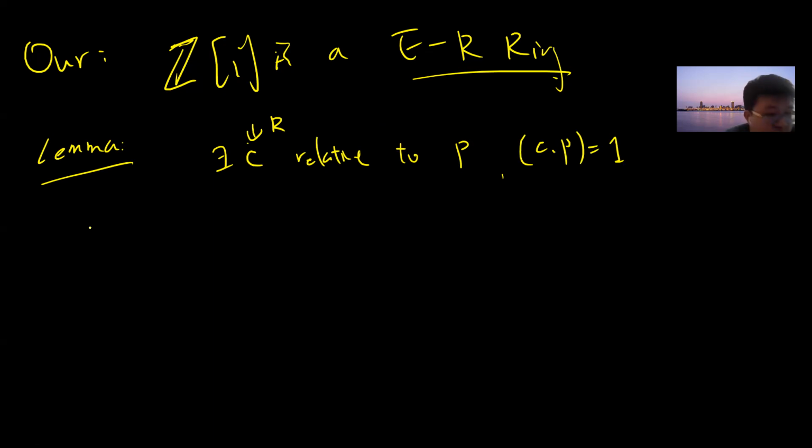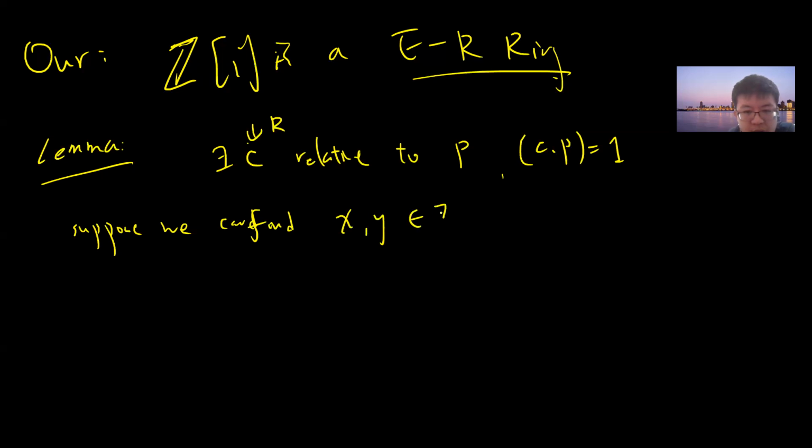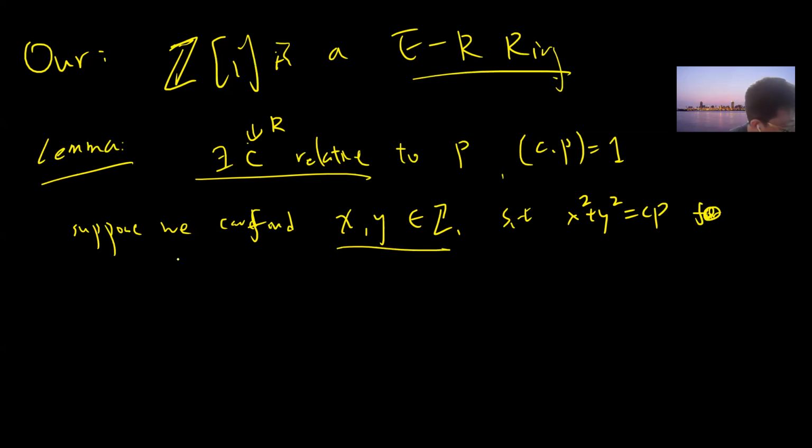Suppose we can find integers x, y such that x squared plus y squared equals cp for some c. So that means you can find some Gaussian integer such that cp equals x squared plus y squared for two integers.